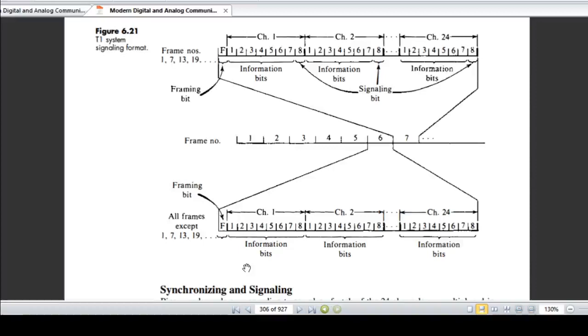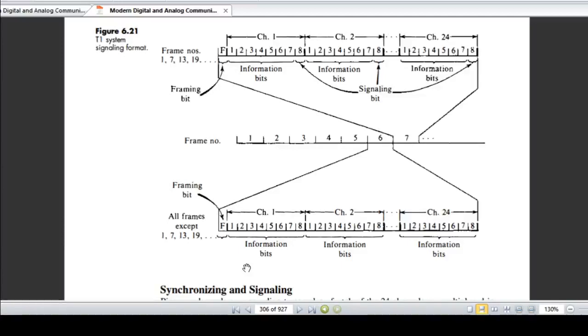To provide such synchronization, an extra bit is transmitted preceding the 192 bits. So previous to each frame, one F bit is transmitted. This bit is called the frame synchronization bit, F. Thus one frame synchronizing bit is transmitted per frame.